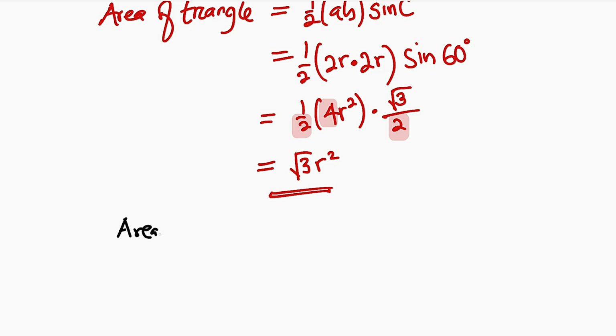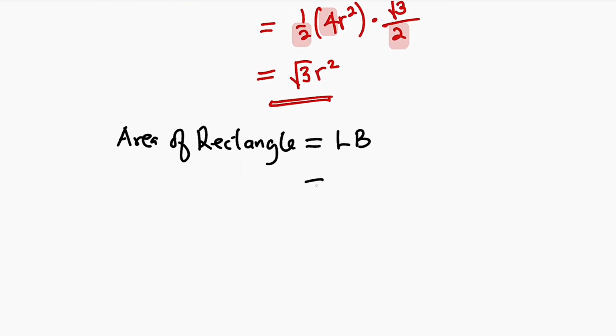Area of rectangle is equal to LB, where L is 2R, while B is just R. Total, we have 2R squared. You can write unit squared because the unit is not given. Likewise this unit squared.